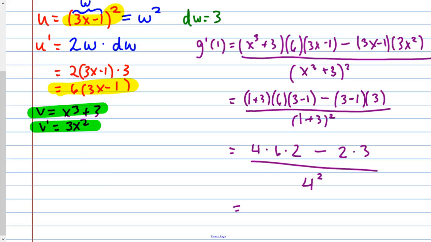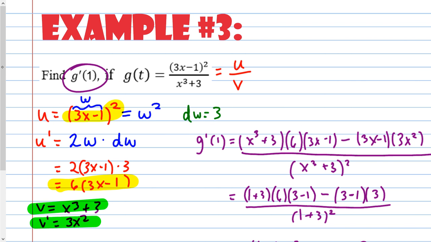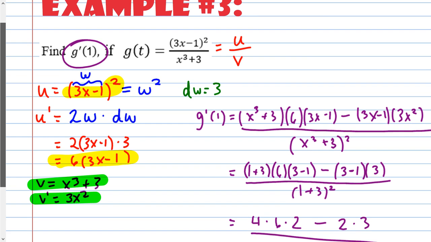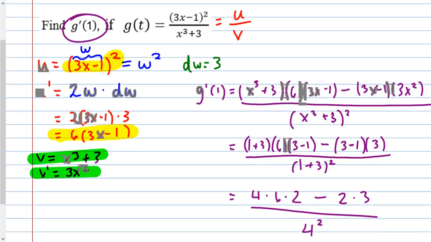Now there's a lot of numbers to keep track of, so you want to make sure that you didn't miss something. For example, I'm going to go back up, but not too much. So again, this was V times U prime. Where's my U prime? Oh, it's right here.